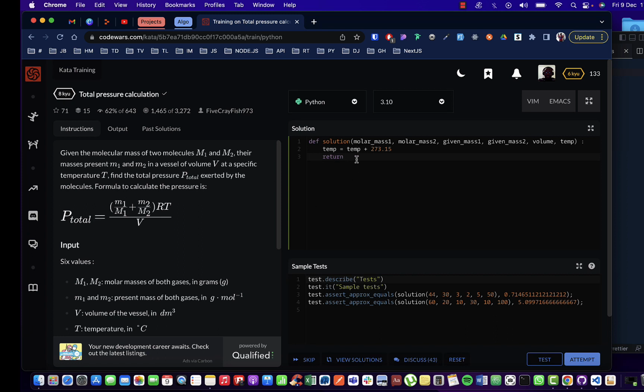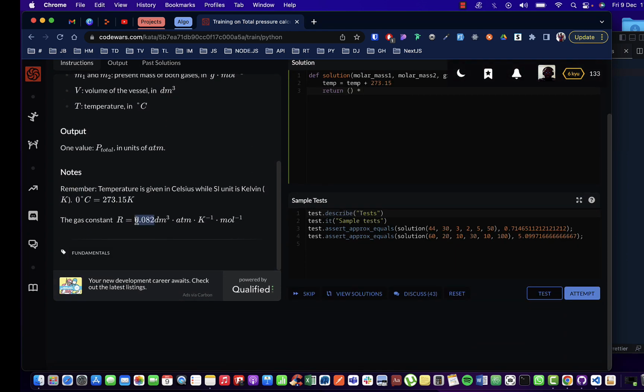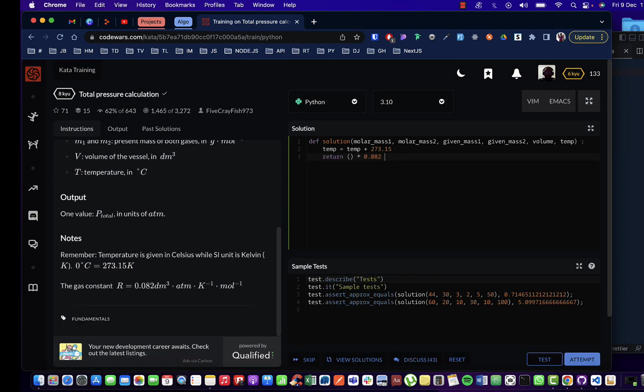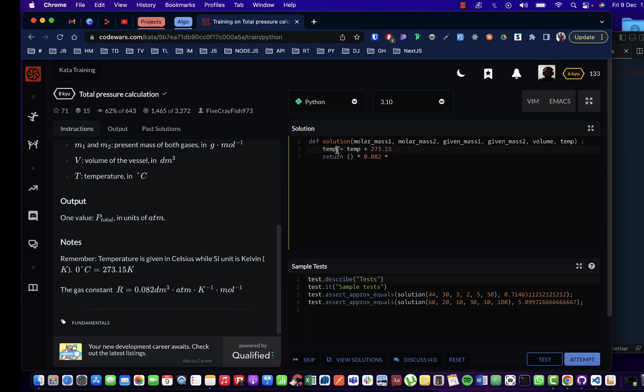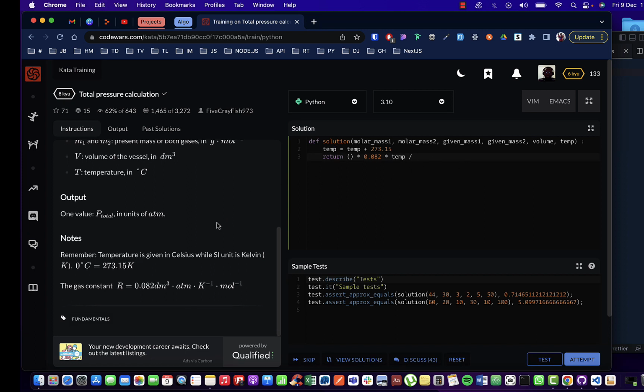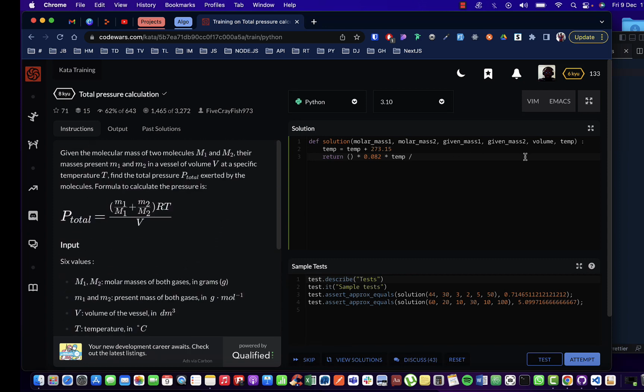So we're going to return those in the brackets, then multiplied by the constant R, as this, then multiplied by the temperature, and then divided by the volume.